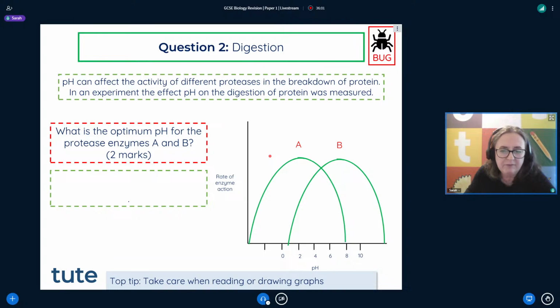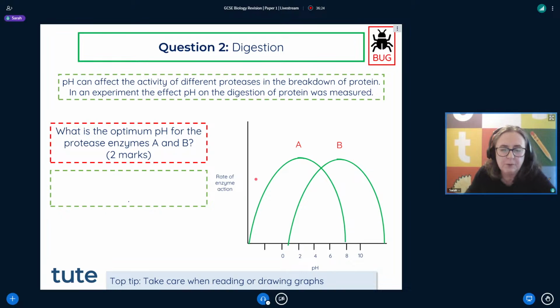So with any graph, it's important to read your axis. You read a graph just like you read anything. The way you read a graph is you read the x-axis, and you can see that the x-axis is showing pH, and it's showing it increasing up through the pH scale. And then on the y-axis, you've got the rate of enzyme action. That's how quickly the enzyme is acting, okay?